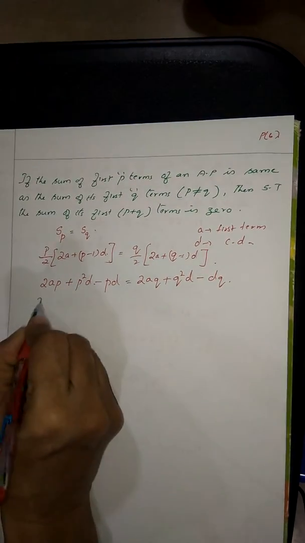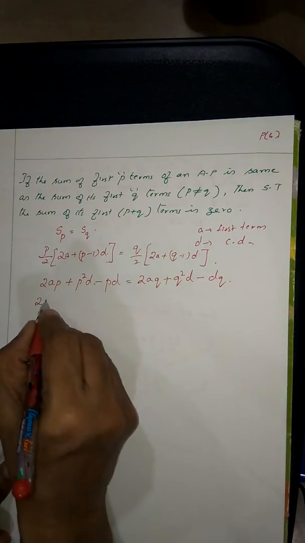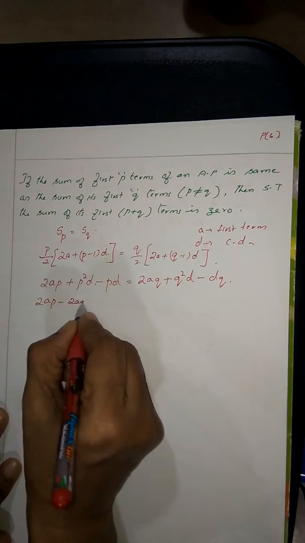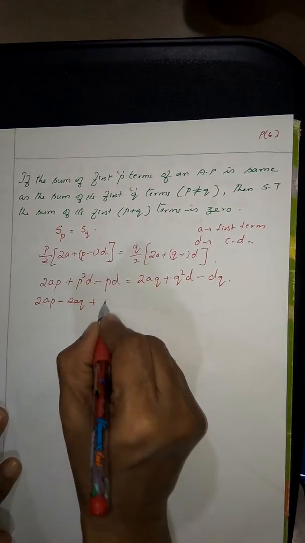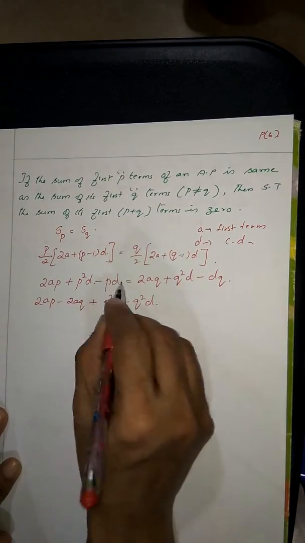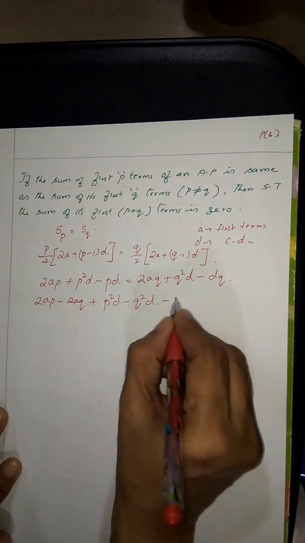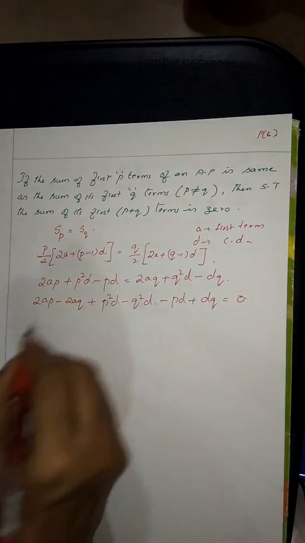Now we bring this side: 2AP minus 2AQ, then P squared D minus Q squared D, then minus PD plus DQ is equal to 0.